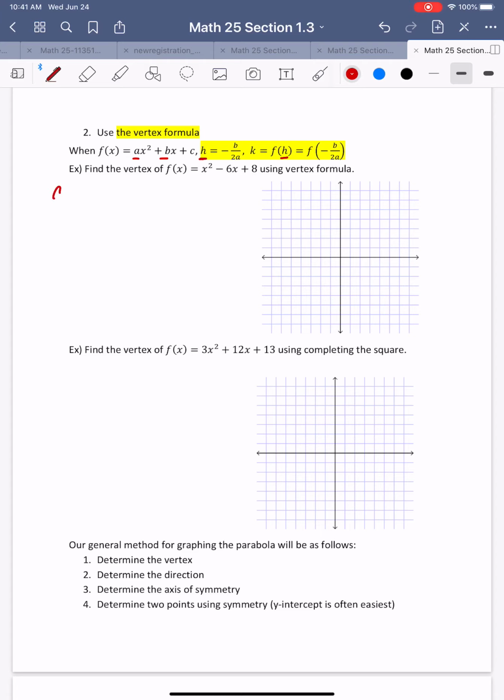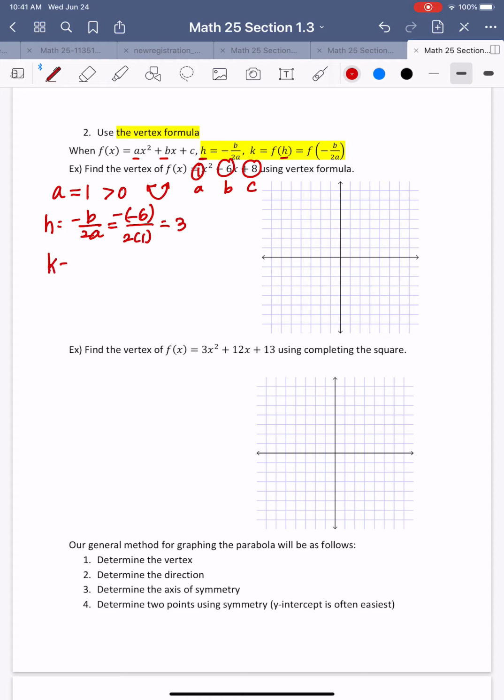First of all, a is 1, which is positive, so we get an upward parabola. H is negative b over 2a, where a is 1, b is negative 6, and c is 8. So negative of negative 6 over 2 times 1 is 3.